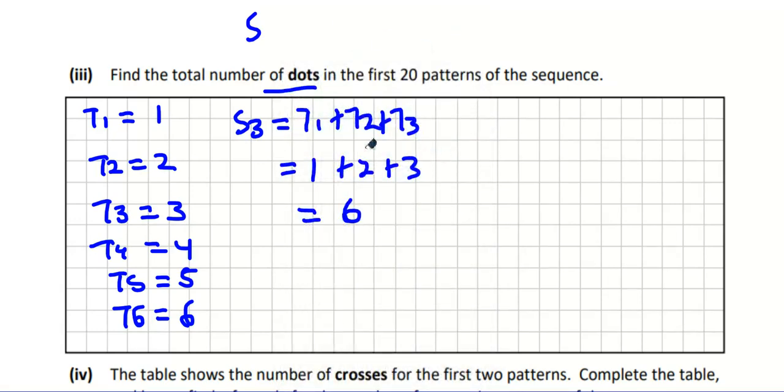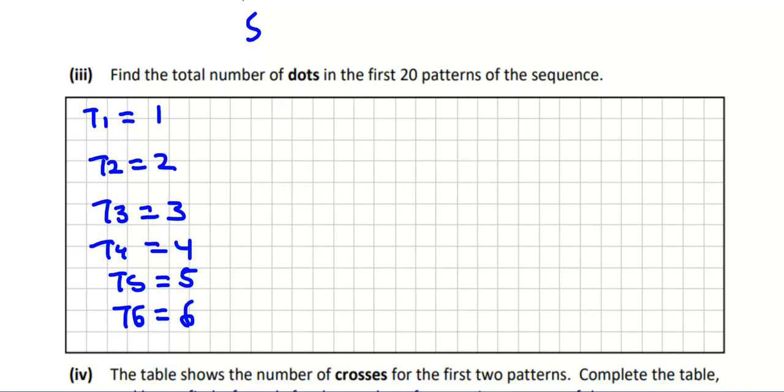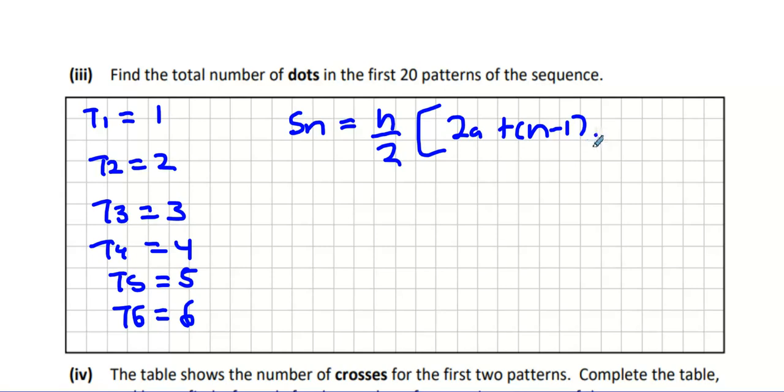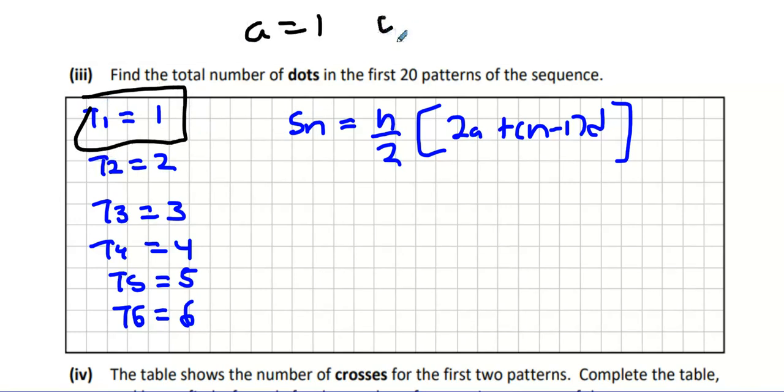But there is a formula that's meant to make life a bit easier. This formula is available on your tables. It's Sn equals n over 2, (2a plus (n minus 1) times d). Okay, and what we know from our formulas is that a is the T1 value, a is 1, d is the common difference, which is also 1, and your n value is 20.